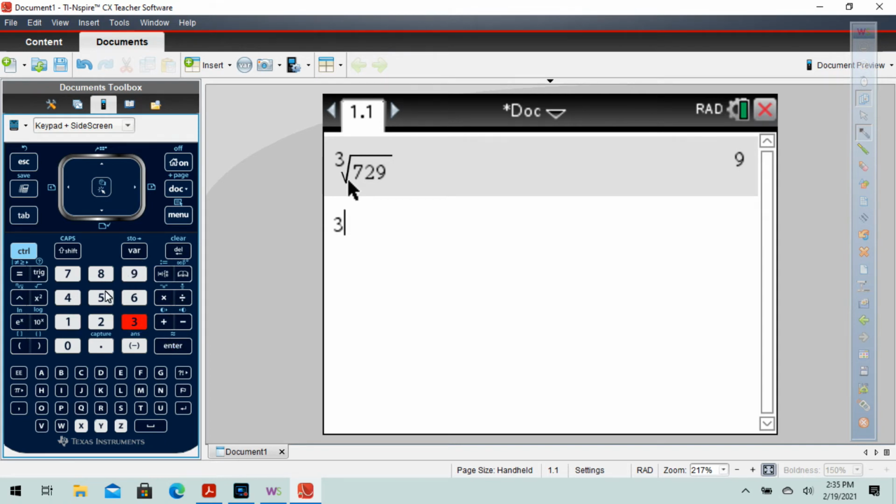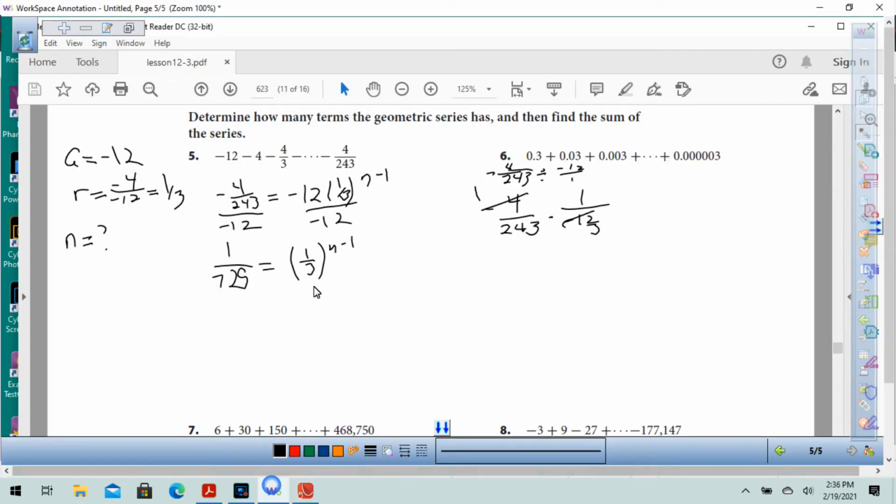So 3, and we're going to say 5. 3 to the 5th power, caret 5. That's 243. 3 caret 6 is 729. So that's going to be 1 over 3 to the 6th power equals 1 over 3 to the n minus 1.